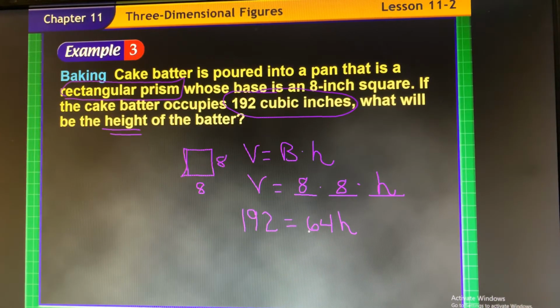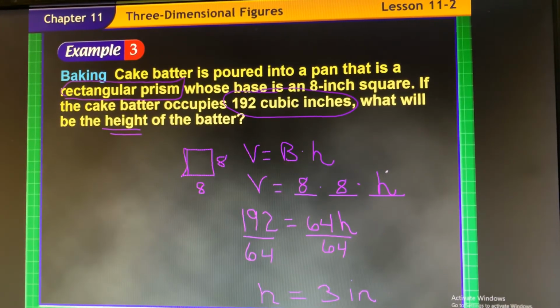So 192 divided by 64, and you'll get your height is going to be 3 inches. There you go. You could check it. So you can plug in 3 right here and do 8 times 8 times 3 to make sure you get 192. So you can check and make sure that it works.